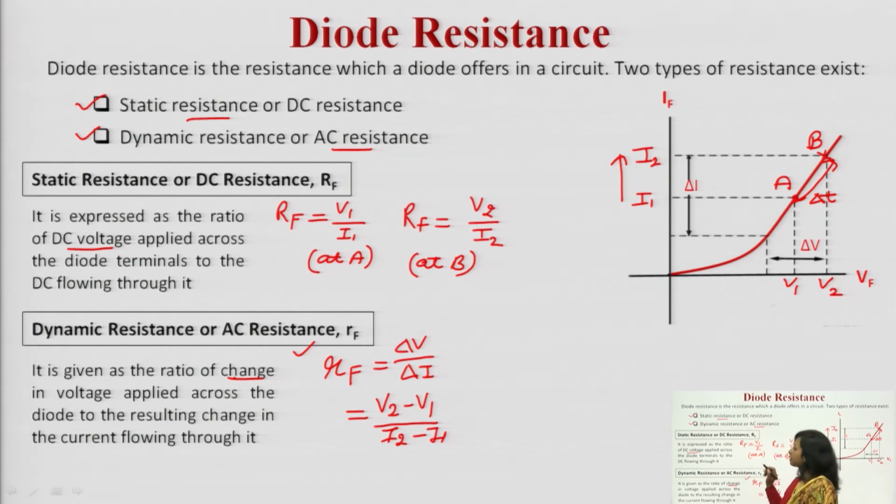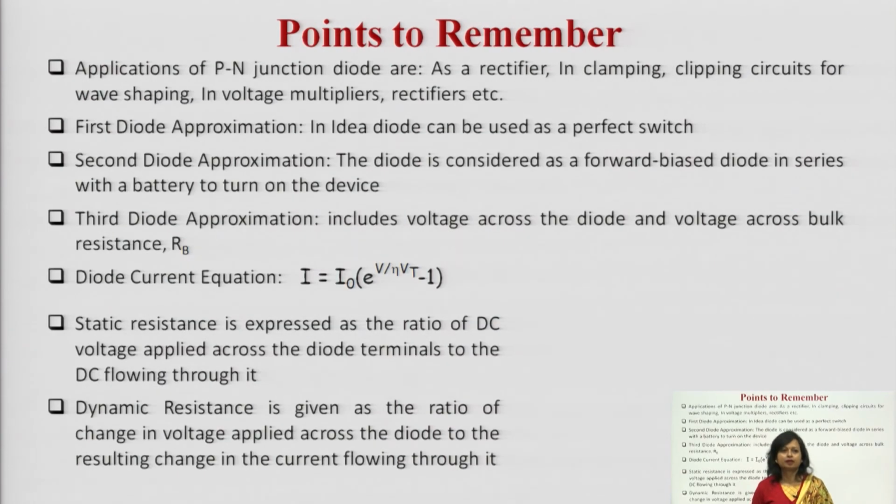Clear? DC resistance, static resistance, AC resistance and dynamic resistance. Now, some of the points which we have discussed and which you need to remember. Application of PN junction diode. What are the applications of the PN junction diode? Diode can be used as a switch, diode can be used in rectifiers where there is a requirement of conversion of AC into pulsating DC.